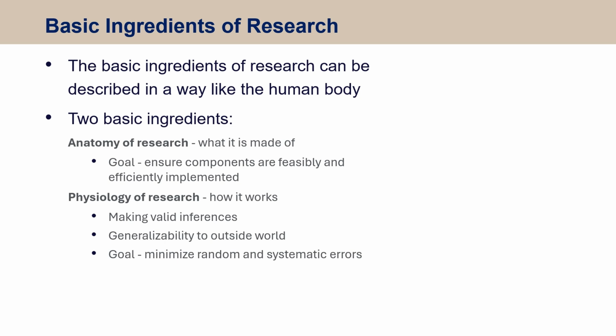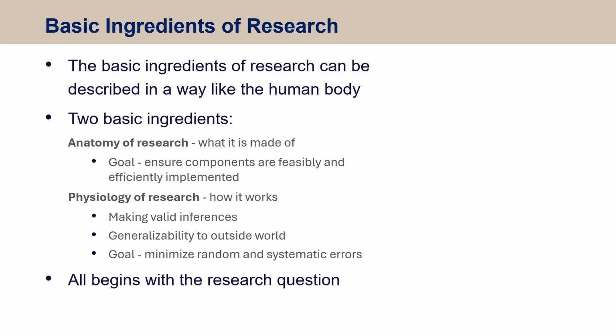So any introduction of error into the physiology of research creates problems in the way you interpret your results. This is a big concept which we will deal with at a later stage of this series of presentations. But for now, let's focus on the two components of research, the anatomy and physiology of research.